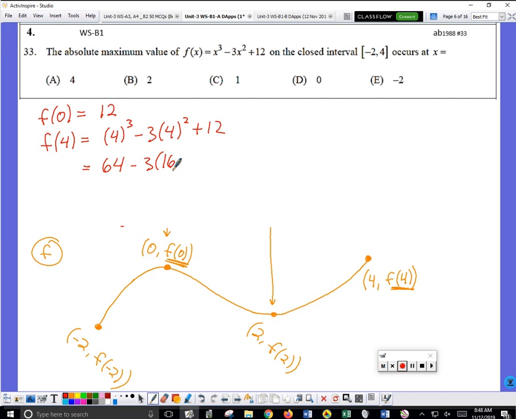This is 3 times 16 plus 12. 3 times 16 is 48. So that's 16 plus 12. I did something wrong. Oh, we're okay. So that's equal to 28. So the absolute maximum value of f is going to be 28, and that occurs at an x coordinate of 4. Questions or comments?